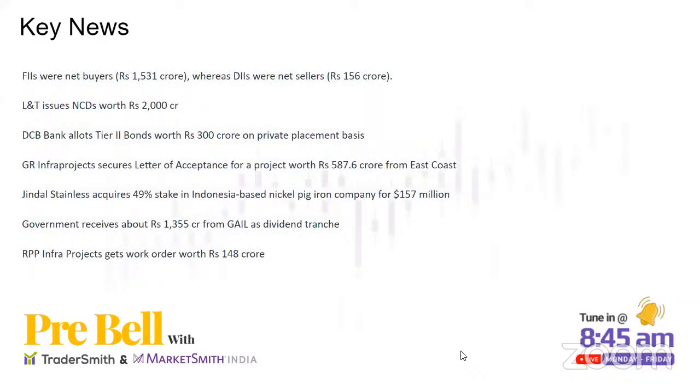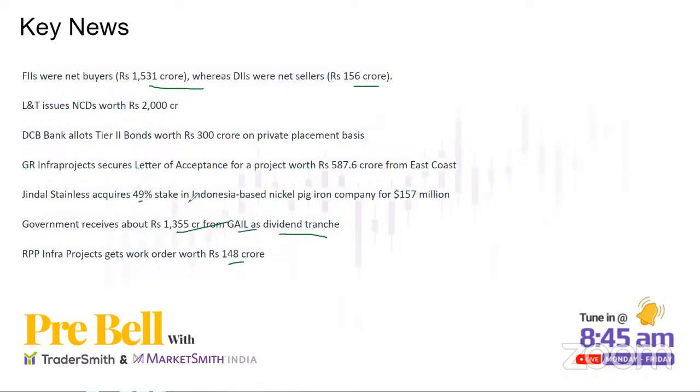Talking about key news, FIIs became net buyers yesterday to a big tune, that is 1,531 crores. DIIs were net sellers for 156 crores. RPP Infraprojects got a work order worth rupees 148 crores. Government received 1,355 crore of dividend tranche from GAIL.